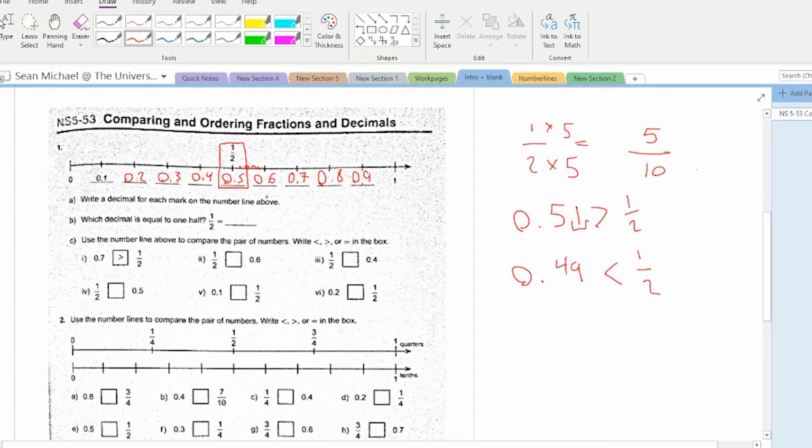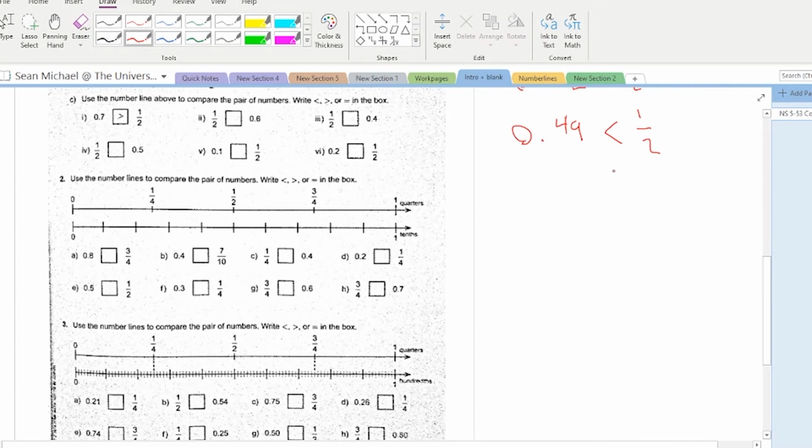Now, when we go on from here, we can compare the fractions and quarters. We'll do the same thing. Here we have a line divided up into quarters, and I will quickly go 0.1, 0.2, 0.3, 0.4, 0.5, 0.6, 0.7, 0.8, 0.9.